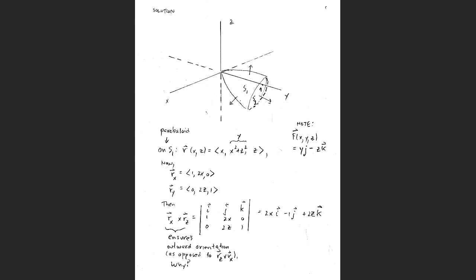I want to be a little careful here. So that vector there, which is the cross product of Rx and Rz, those derivative vectors, that cross product vector points up a little bit, points in the positive direction of the x-axis.